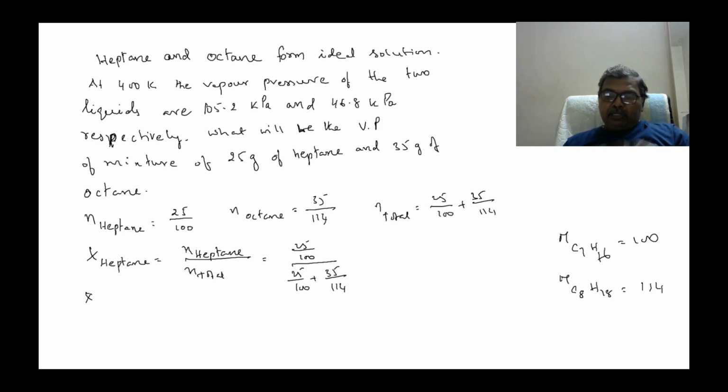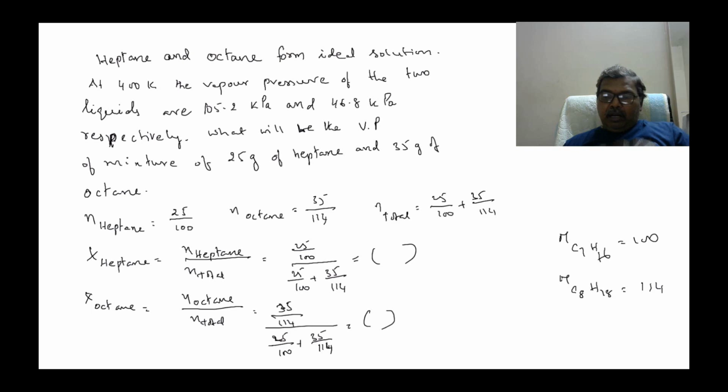Similarly, mole fraction of octane is number of moles of octane by total number of moles, 35 by 114 by 25 by 100 plus 35 by 114. So calculate the mole fraction of octane and the mole fraction of heptane.